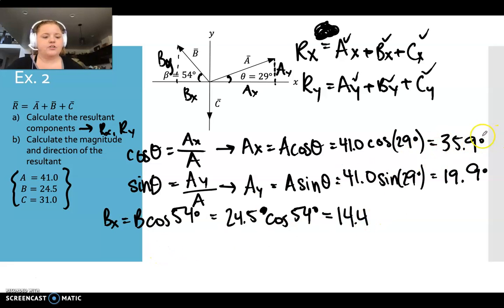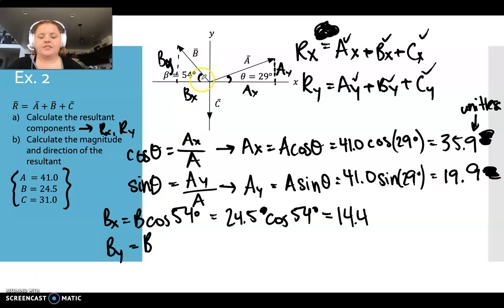Oh, this is not in degrees. I'm sorry about that. I was very focused on degrees for some reason, but from the beginning of this problem, we don't have any units. So these are unitless. Okay, so that's BX. Now BY is going to be similar.